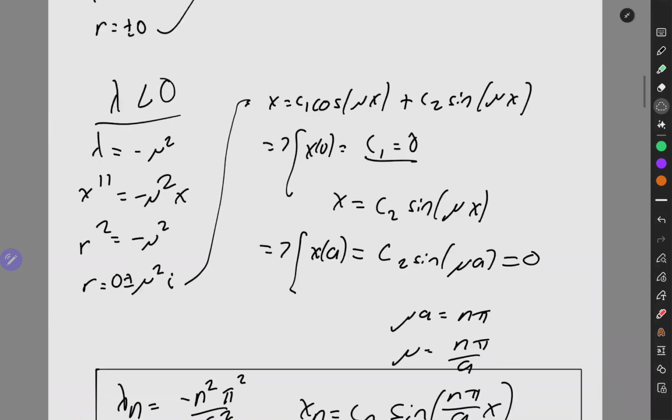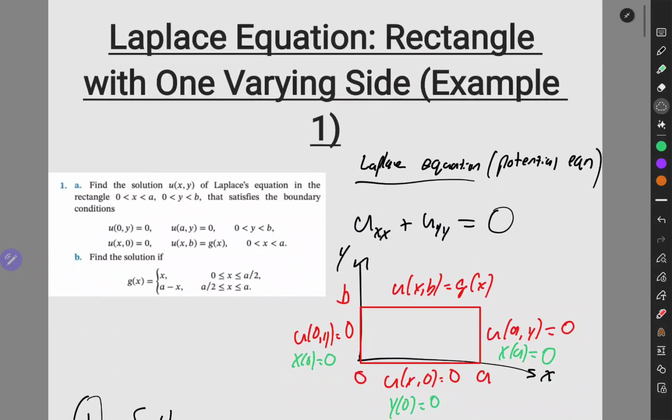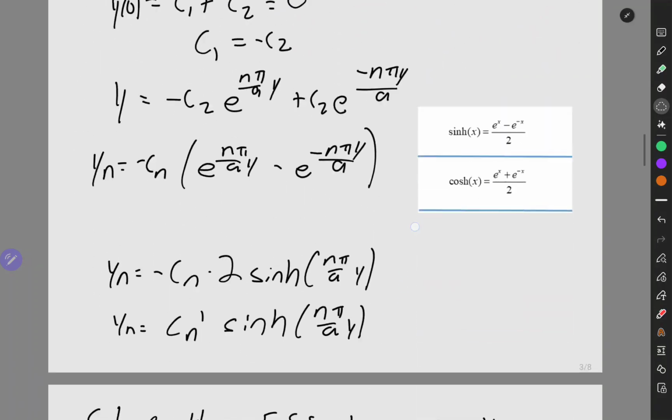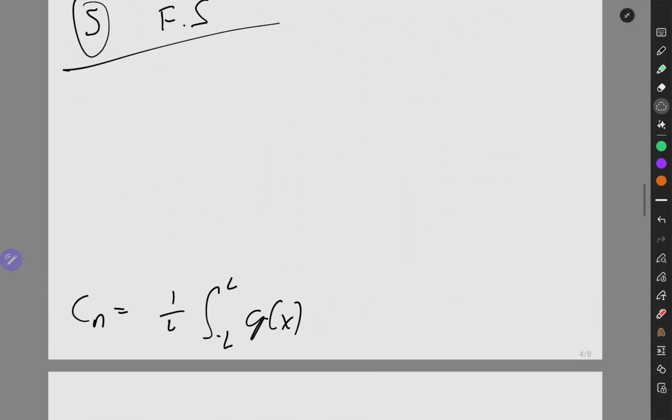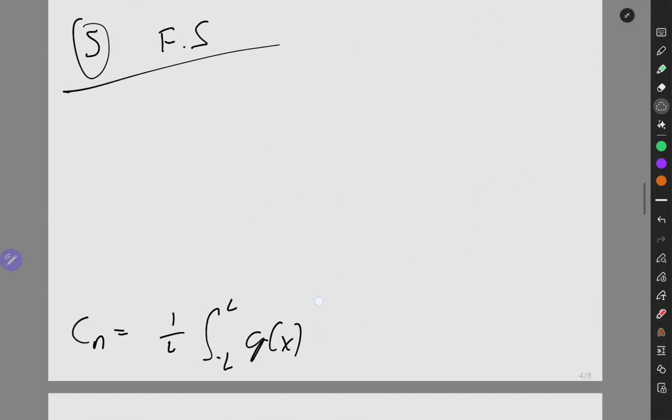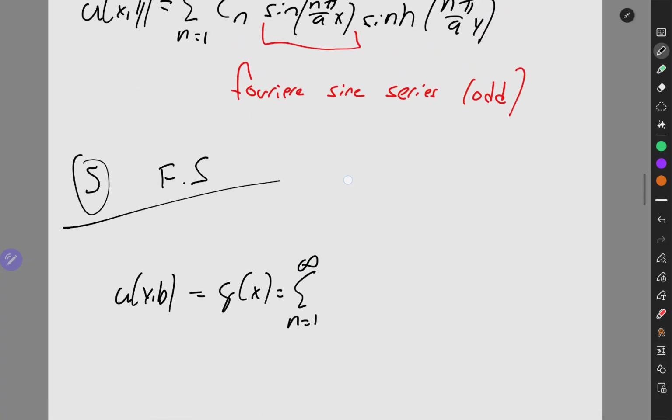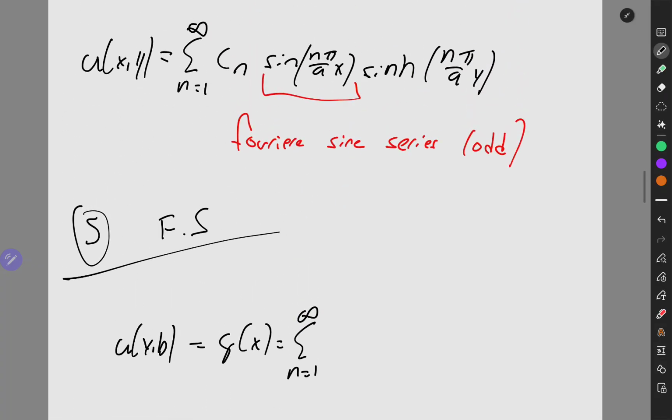We're going to use the u of x, b equals g of x as our initial condition. You can think of it as that would just be plugging in b for all of the y's.